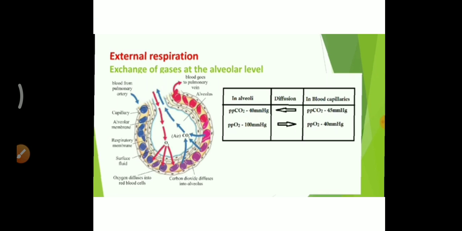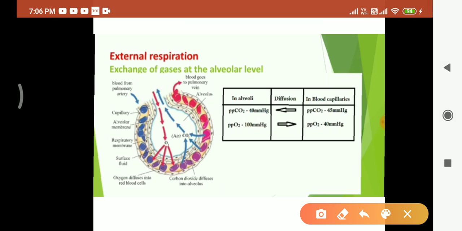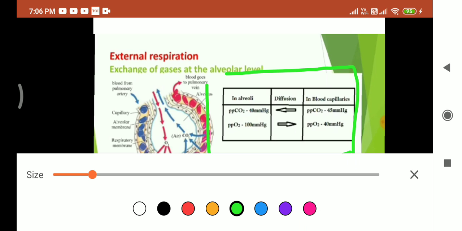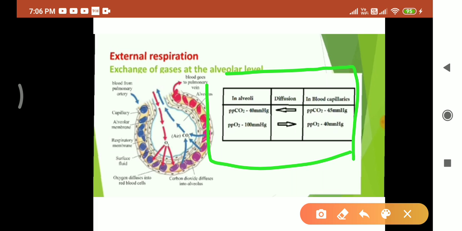Let's look at this table so you can understand properly. Concentrate on this table. In the first column you can see alveoli.